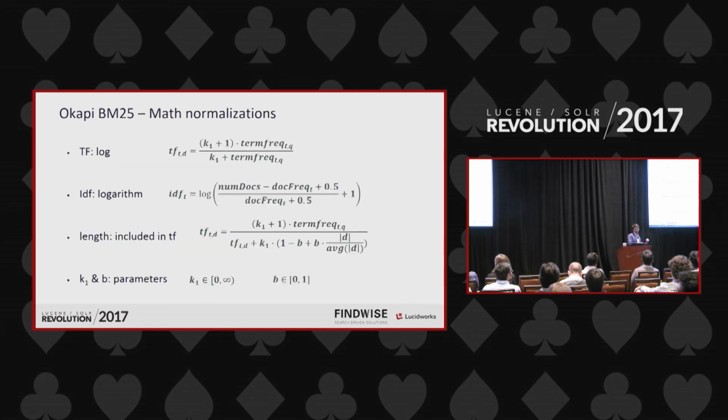I actually added the normalizations in the formula that I showed you before, but the idea is it uses the typical compensations to be able to insert the parameters that I just mentioned that allow you to tweak how much the TF is affected with the K1 and how much the length of the field is affected with the B. They're down on the denominator of the length.